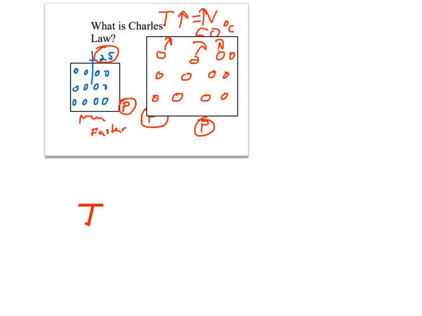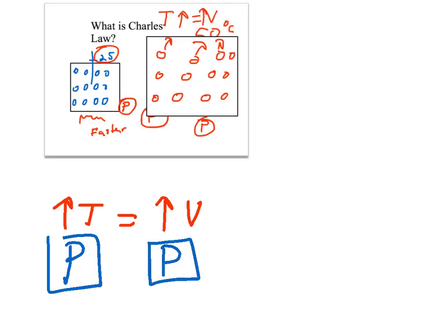If we increase temperature, you're going to have to increase the volume also if you want the pressure to stay the same in the two containers. A little harder to understand, but that is Charles' Law.